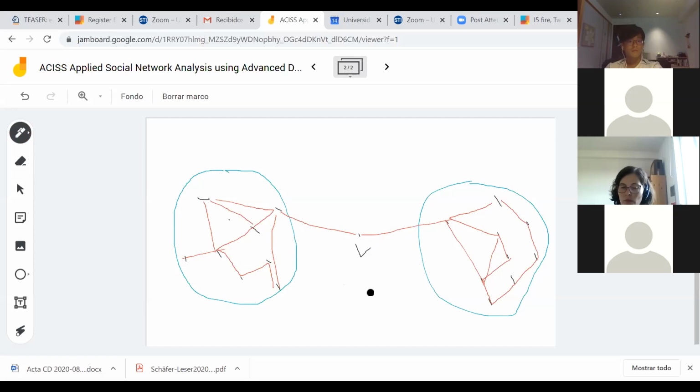Why? Because it connects nodes from both communities. If we take, for example, node S here and node T here, the shortest path from S to T has to go through node V.